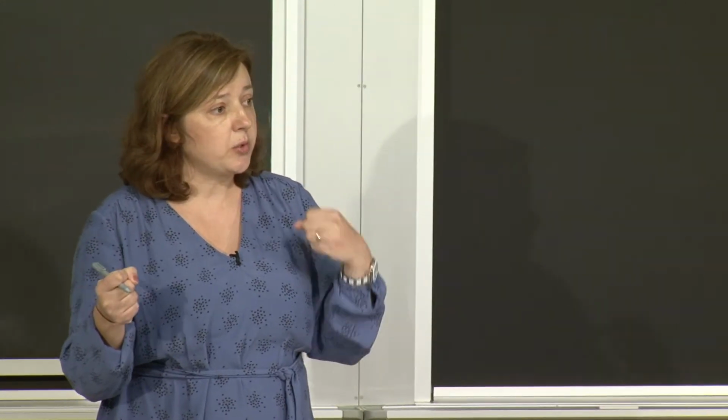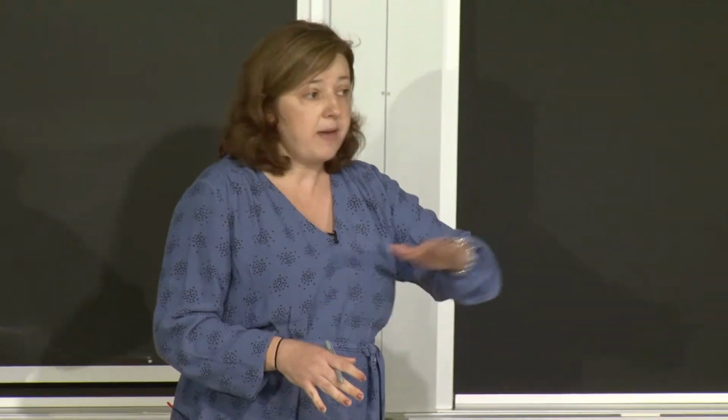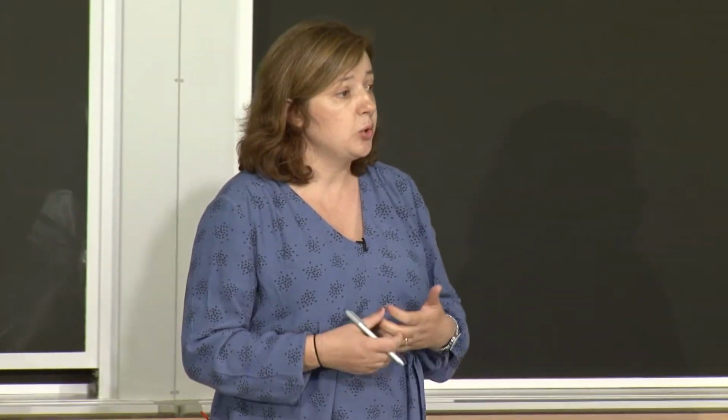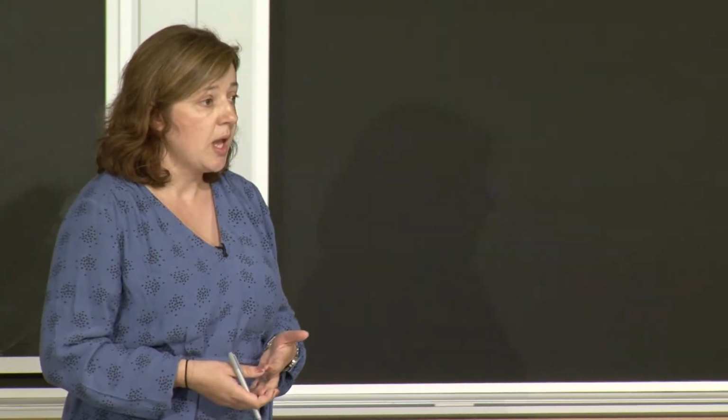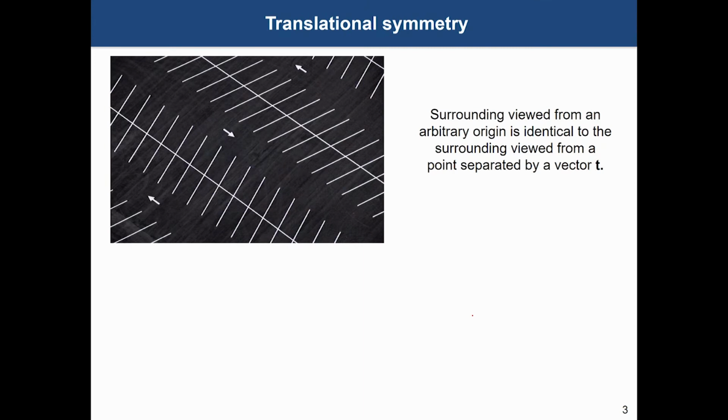As I mentioned, crystals can have different types of symmetries, but all of them have translational symmetry. Any crystal that you take can have additional symmetries, but all of them do have translational symmetry. The translational symmetry simply means that if you translate a crystal by a vector t, the initial and the final states look identical.